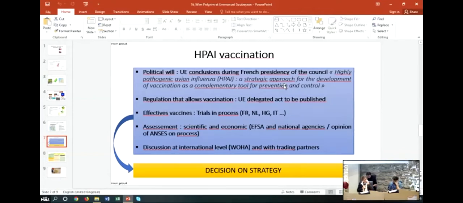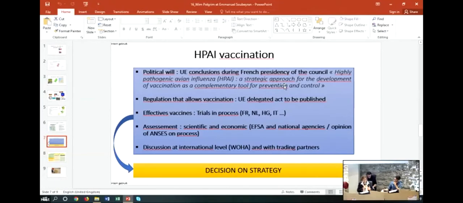And finally, and it is very, very important, because we export maybe less than our colleagues, in proportion, than the Netherlands, but we export, and we don't want to stop exporting, of course, as you can imagine. So we would like to vaccinate and export.